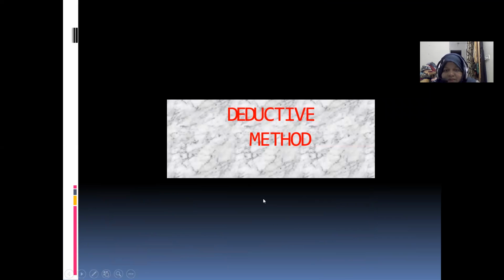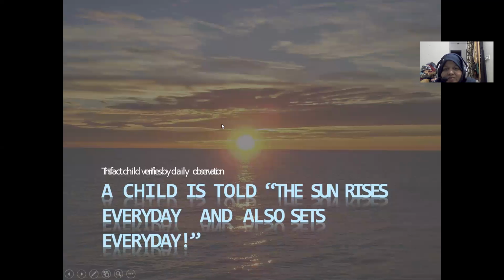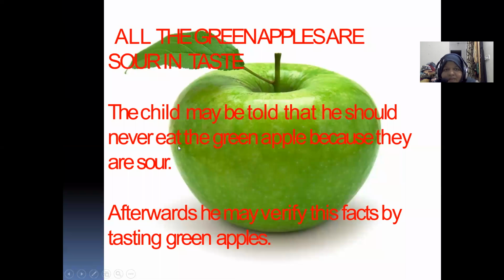Now, the deductive method. Deductive is the replica of the inductive method. The child verifies by daily observation. A child is told the sun rises every day and also sets every day, and all green apples are sour in taste.